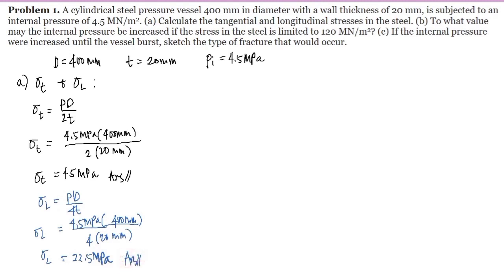So from the idea kanina, we know that the longitudinal stress is half that of the tangential stress. For letter B, nagbigay siya ng allowable stress of the steel, which is equal to 120 megapascal.